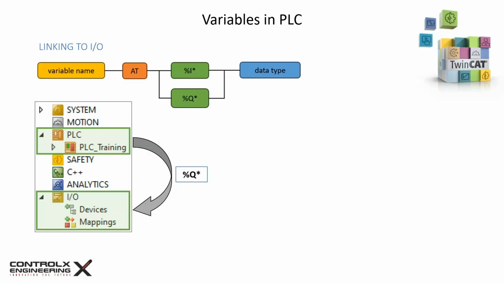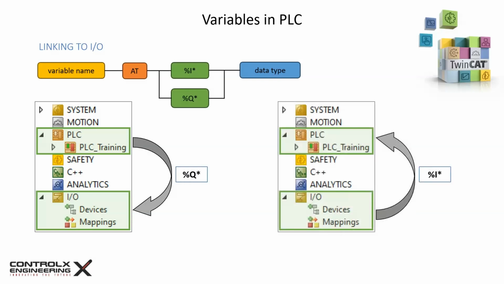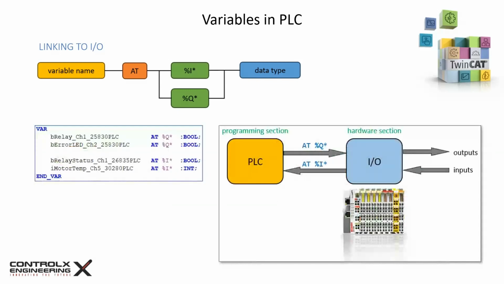Inputs to the PLC from the I/O are declared using %I*. Here are some examples of variable declaration for linking to I/O. In a future video, we will see an implementation of how to link variables to input and output terminals on the hardware side.